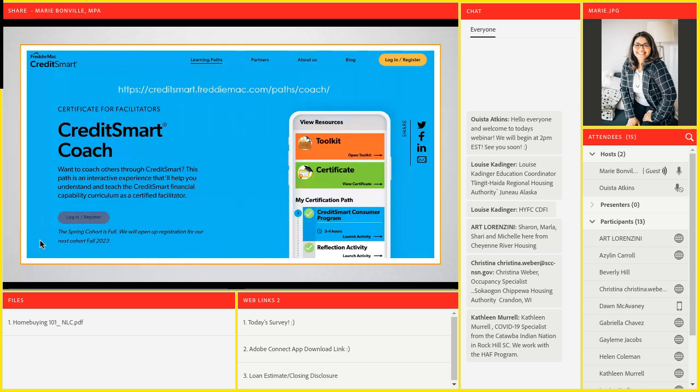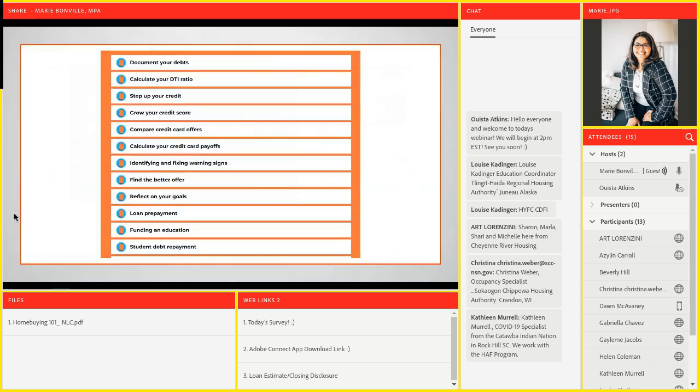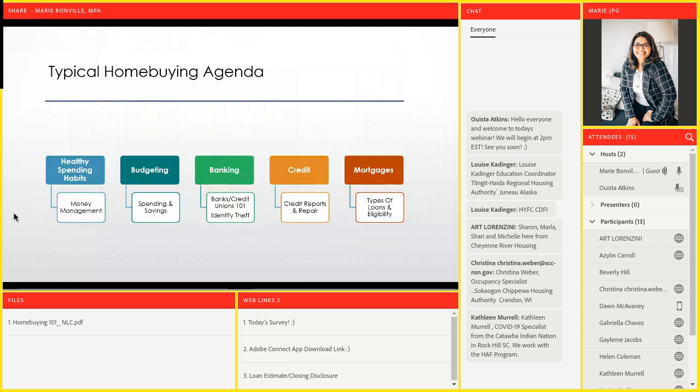It's very similar to Pathways Home and to OESTA's certification, but it does have this technological benefit in that it can be downloaded as an app, and there's a lot of PDFs and things like that, which just makes it easier to give to your clients. So these are the kind of things that you will go over in the class itself, and then also in working with your clients and what they'll have access to.